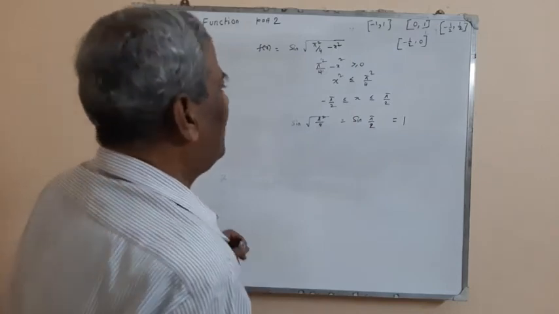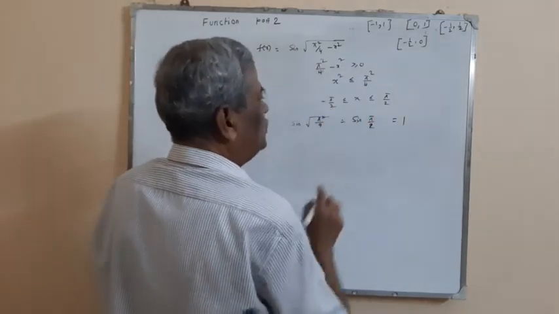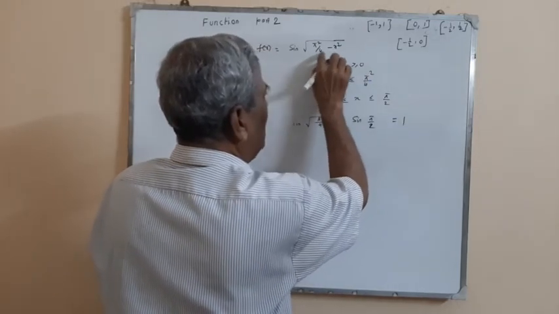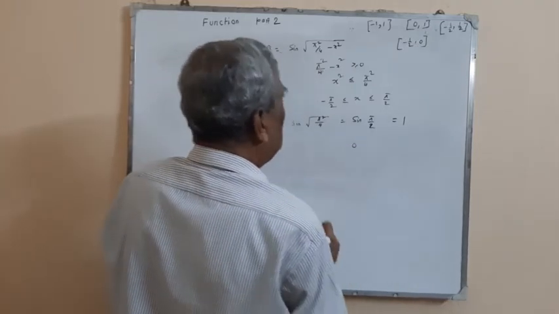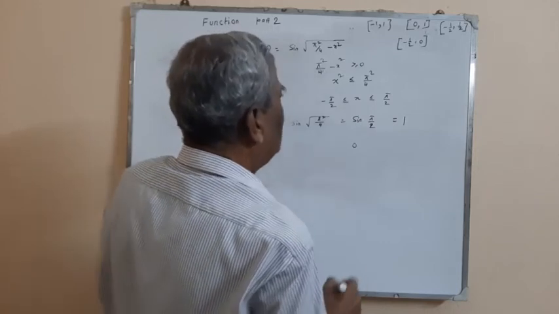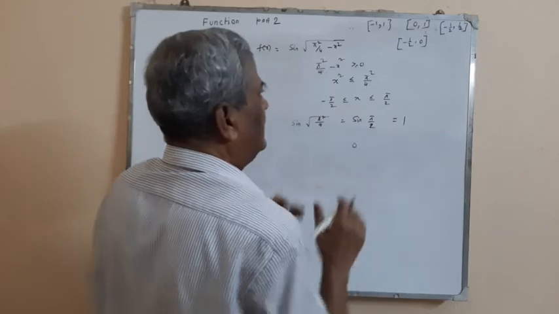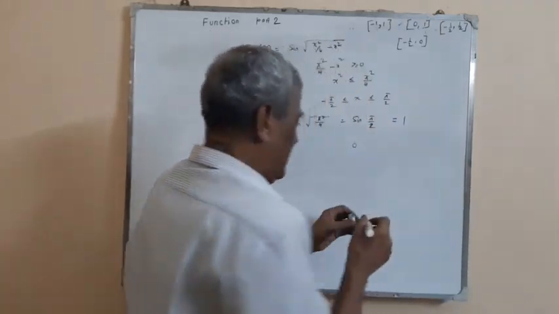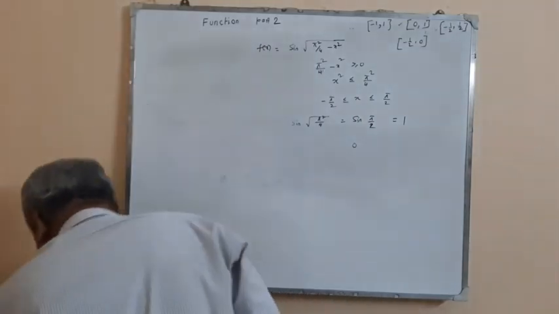Moreover, when x is equal to minus pi by 2 or pi by 2, this thing is 0, and sine of 0 is equal to 0. So the functional value of f(x) within that domain is 0 to 1. So this is the range of the function f(x).